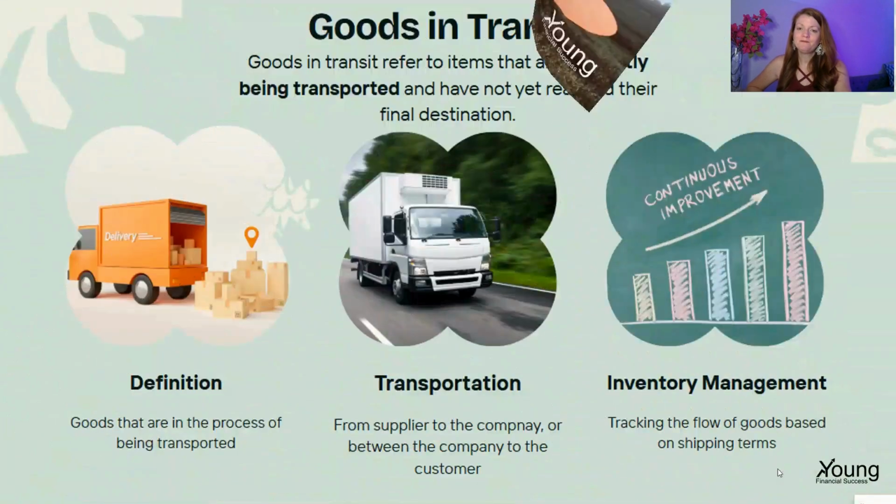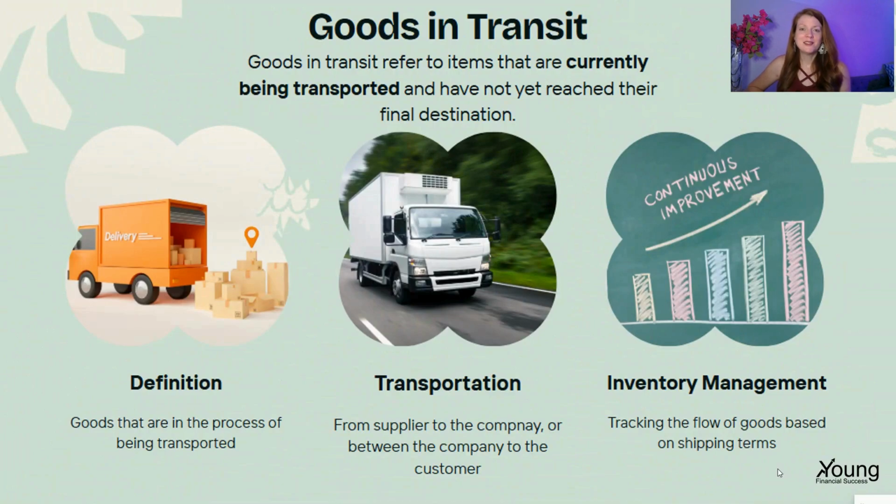So goods in transit, those are items that are currently being transported and have not yet reached their final destination. So those goods that are going from the supplier to the company that purchased them, as they're in transit, who owns those goods? It is all based on which type of method the companies have agreed upon.